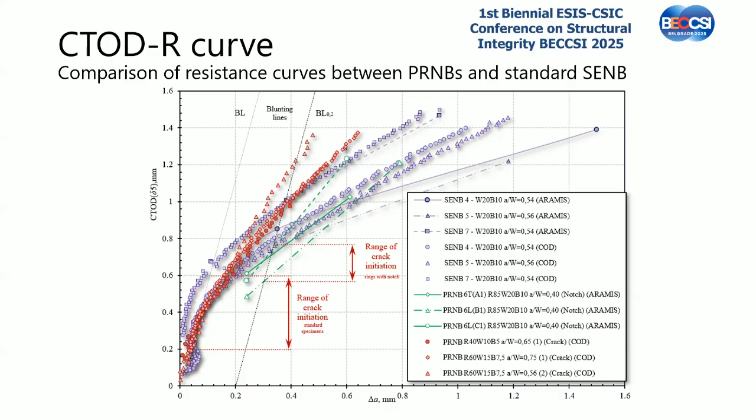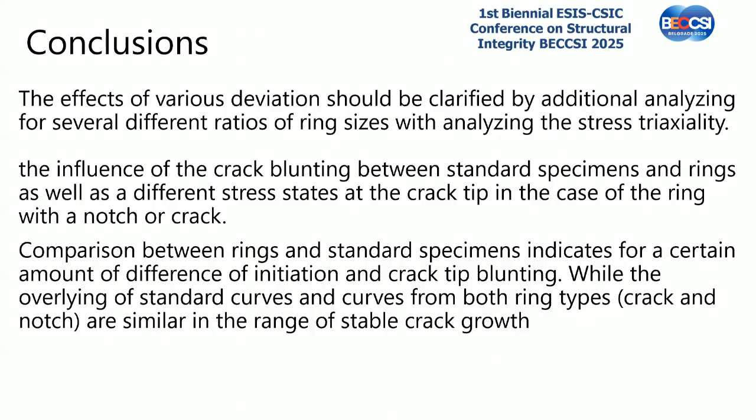So we actually get higher toughness on the pipeline or pipe ring specimen than from the same material with the standard approach. But what is the reason? The reason is triaxiality, which is actually different in the case of the 3-point bending specimen and in the case of the pipe ring specimen.